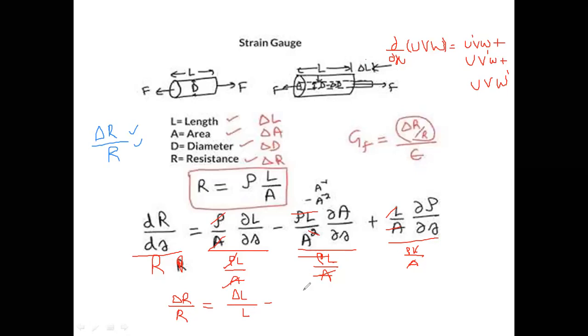Here I am with A. This is dou A by dou S means delta A. Delta A by A, I am with here. Okay. And here I am with plus dou rho by dou S means delta rho.